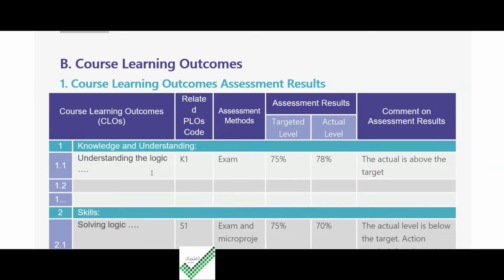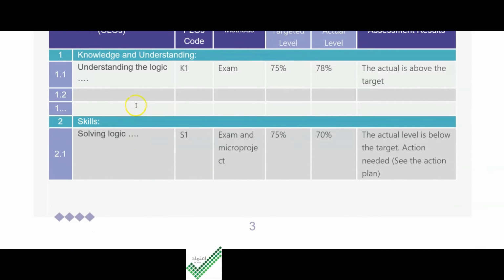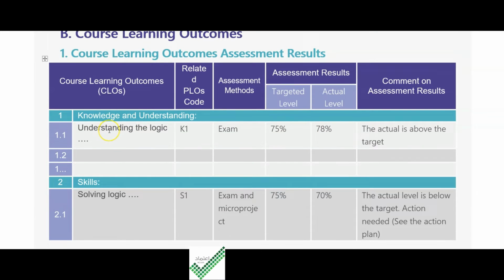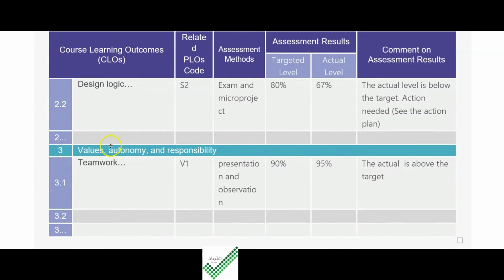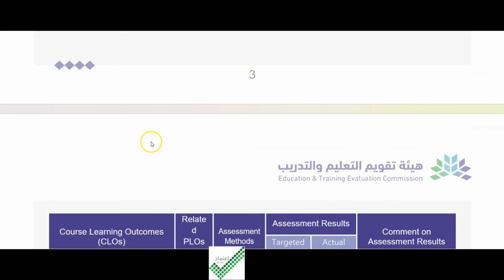After that, you have to fill the course learning outcomes. Here, as you know, we have from the NCAA 3 domains. The first domain is about knowledge and understanding, then skills, and values, autonomy and responsibility. As you see, we have a number of course learning outcomes in every domain.